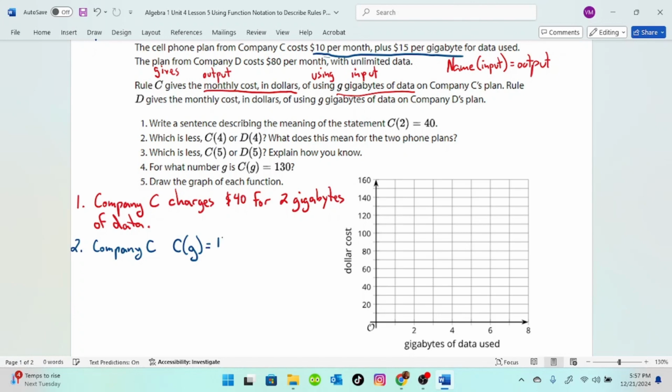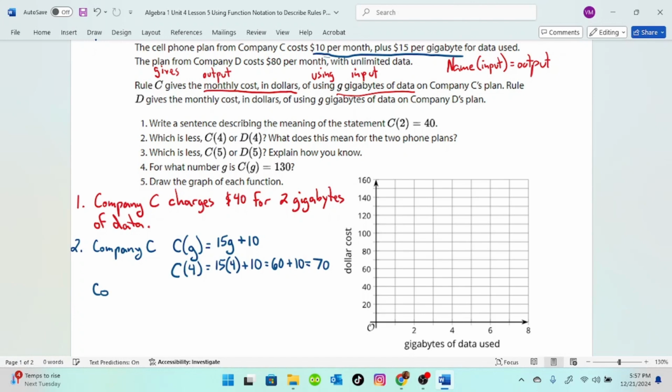So we're going to say 15G plus 10. If I want C of 4, then that's 15 times 4 plus 10. 15 times 4 is 60. And 60 plus 10 is 70.